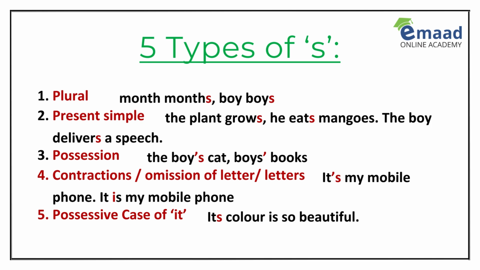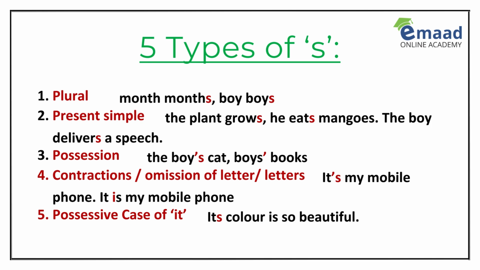Now the fifth form is the possessive case of the pronoun it. This is a very common mistake in using its. In speaking they are both the same: it's my mobile phone, its color is so beautiful, but they represent different things. The it's with an apostrophe S is the short form, or contracted form, of it is.